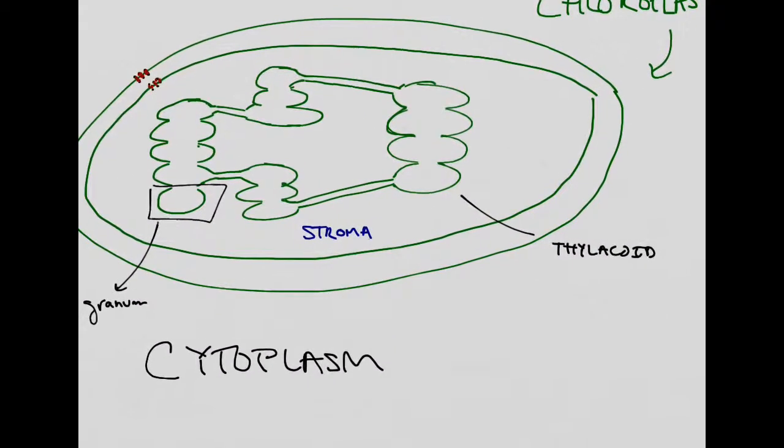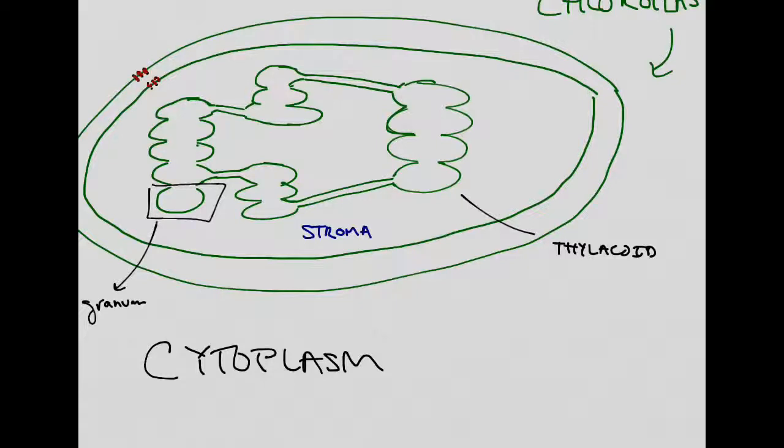Okay, so the light-dependent reactions actually take place within the membrane of these thylakoid systems. And the light-independent reactions take place in the stroma. But today we're going to be focusing on the light-dependent reactions that are taking place all along these membranes.